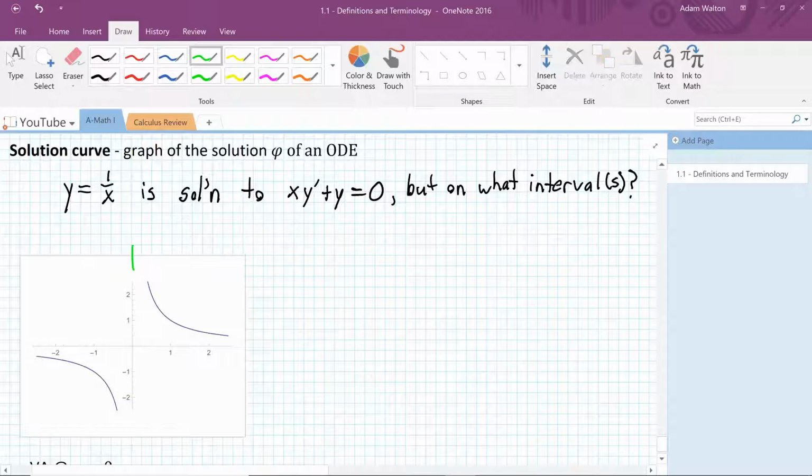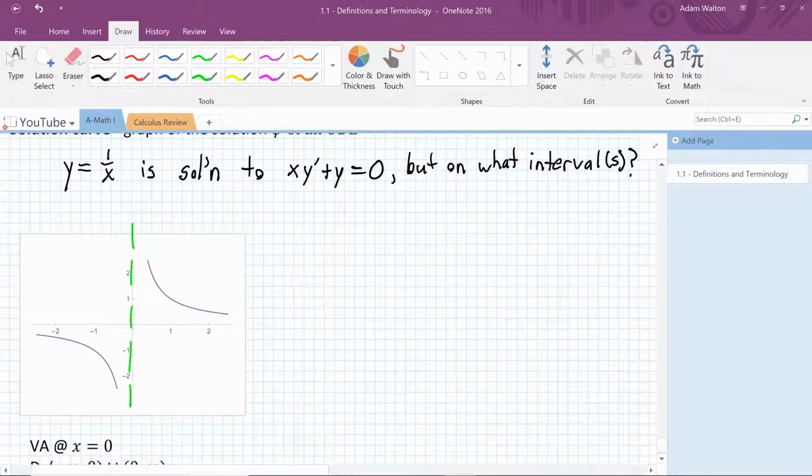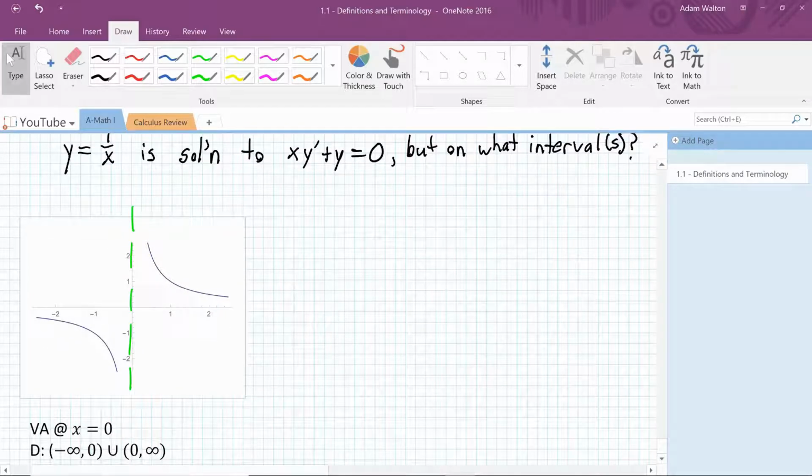We have this vertical asymptote at 0, where the denominator equals 0, x equals 0. And the domain for this is therefore going to be all real numbers except 0.